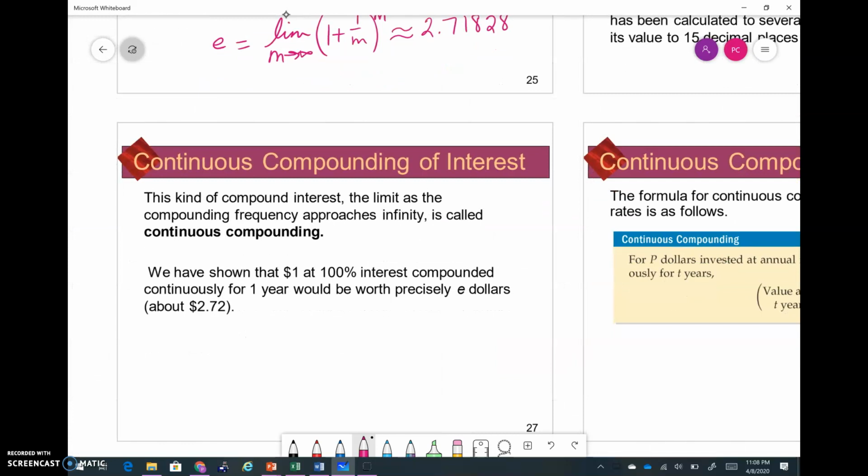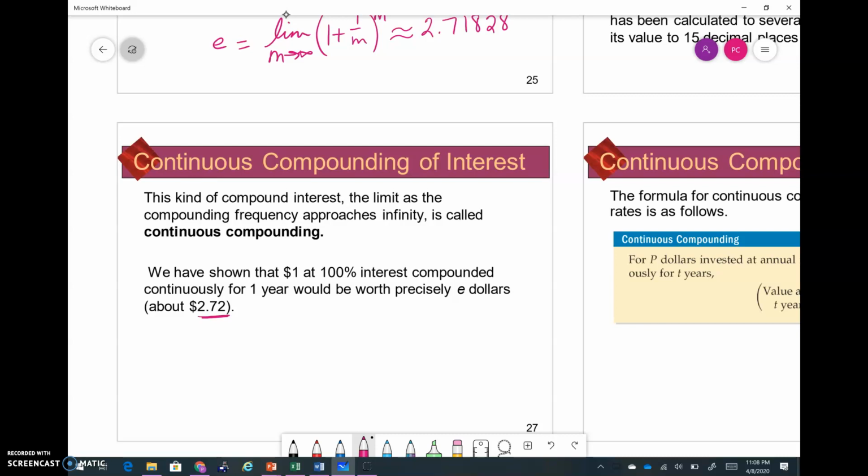So this kind of compound interest, the limit as the compounding frequency approaches infinity, is called continuous compounding. And what we've shown through the table is that $1 at 100% interest compounded continuously for a year would be precisely worth E dollars, or about 2.72.